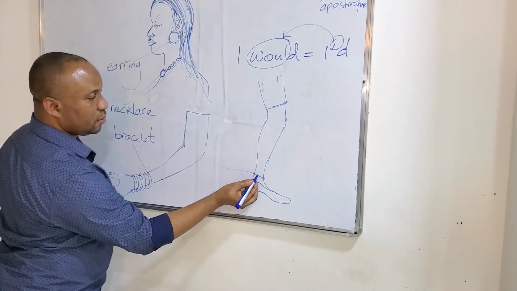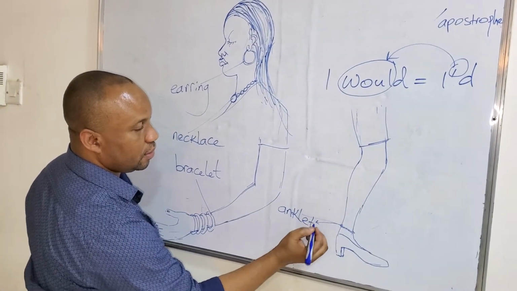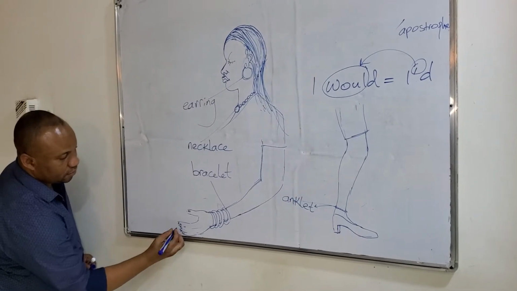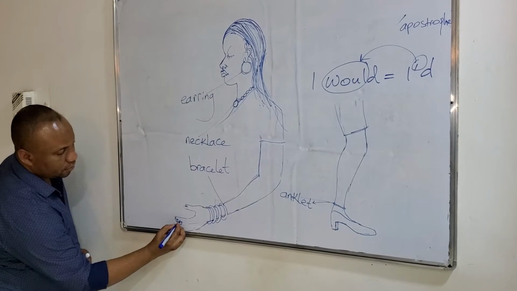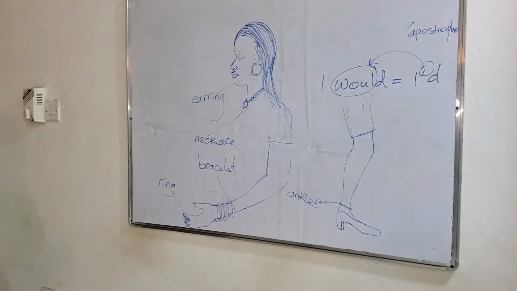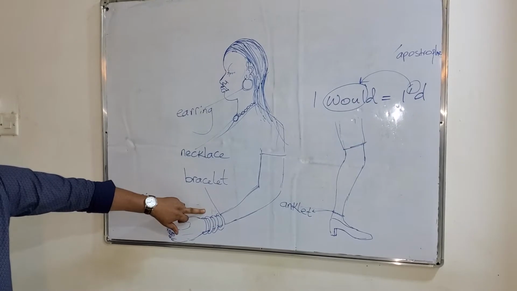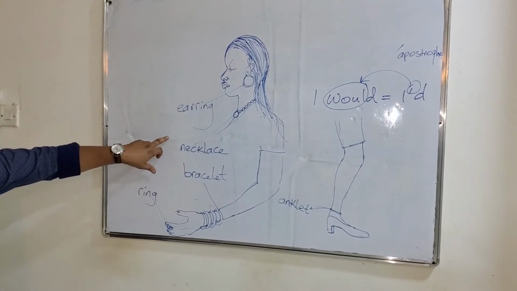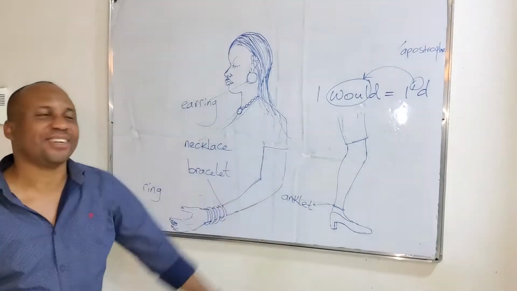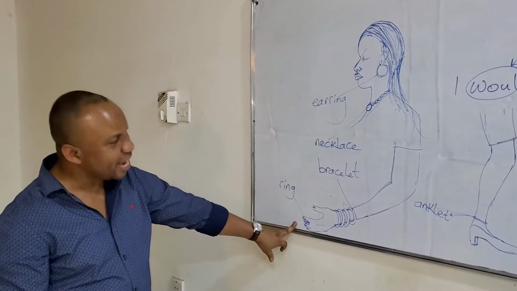This is called anklet. Ring. Ring. Bracelet. Necklace. Earring. Anklet. Okay, so earring, necklace, bracelet, ring, anklet.